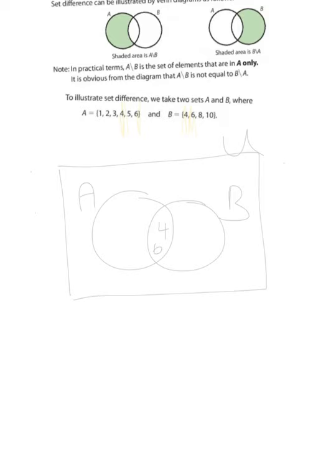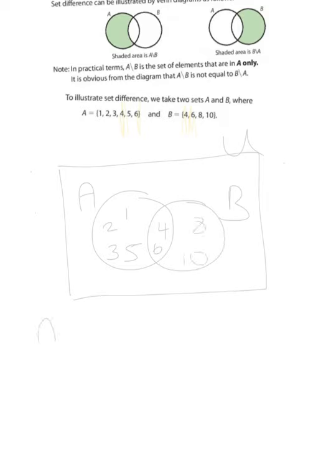So what I'm left with in A is 1, 2, 3 and 5. So I'll write that in. And what I'm left with in B, taking out the 4 and the 6, which I've already counted for, is 8 and 10. So that would give me 8 and 10.